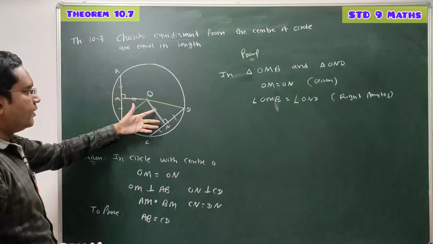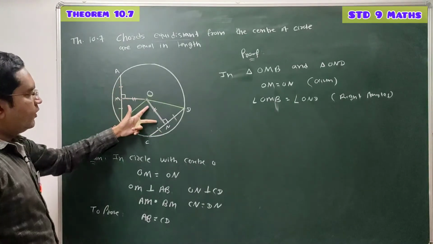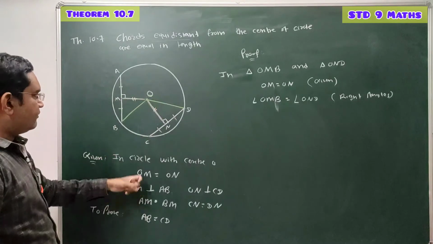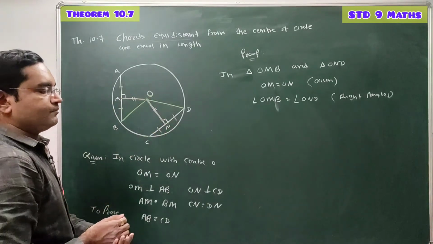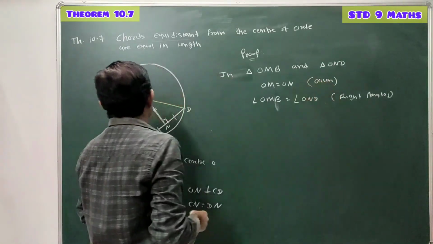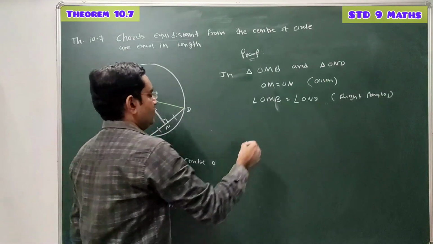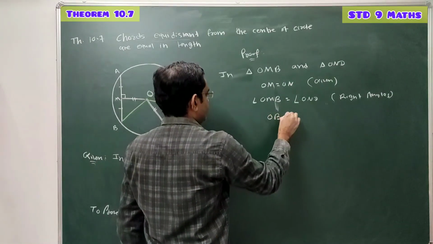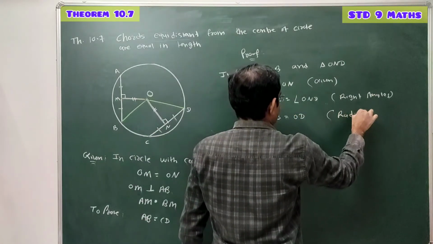So OM is perpendicular to AB and ON is perpendicular to CD, and that's why angle OMB and angle OND are 90 degrees. We are using the RHS criterion: right angle, hypotenuse, side. Hypotenuse OB equals OD, these are the radii of the circle.